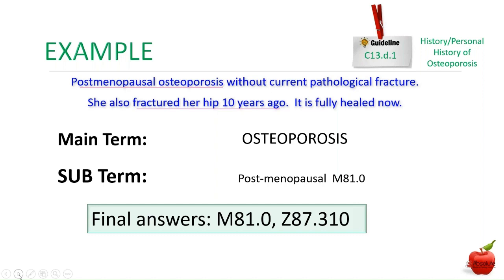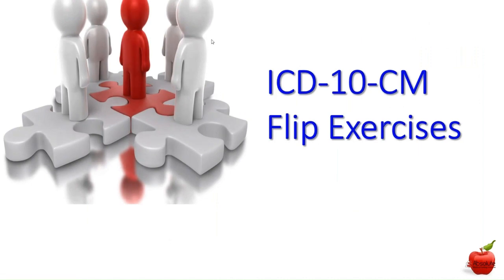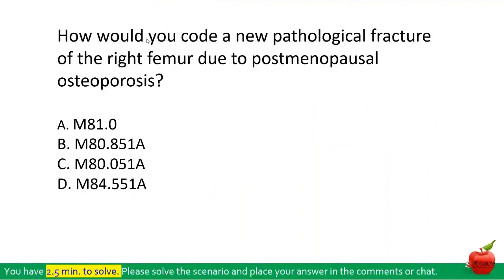So how are you all feeling, coders? Are you feeling good about the code lookup? Good, great to hear. Next we are having some ICD-10 flip exercises, and you have 2.5 minutes to solve this one.